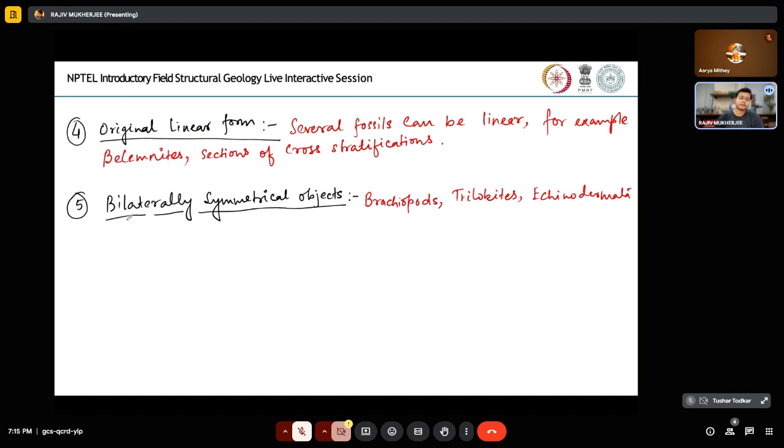So all these are bilaterally symmetrical organisms. So this helps us in understanding the simple shear component of a deformation. Right? This part is important.